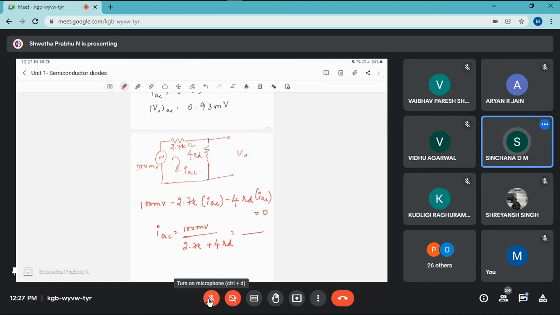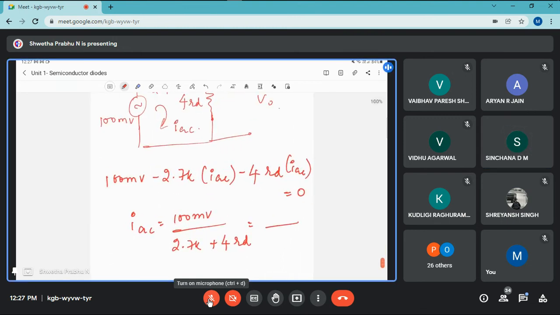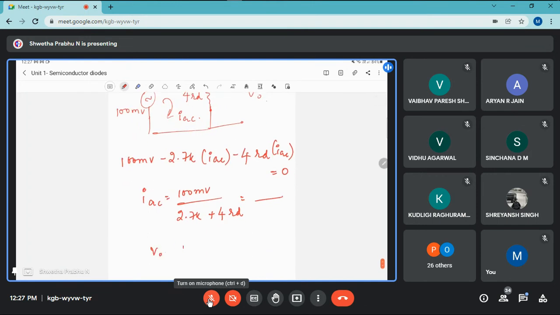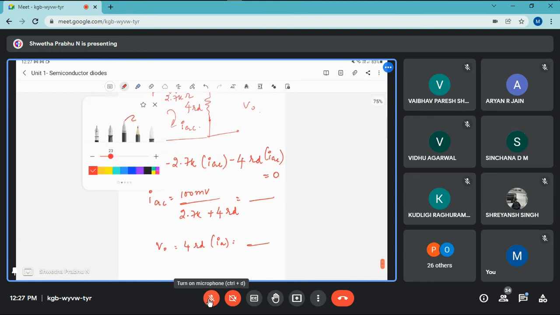Okay, ma'am. I got it. Thank you. Next step. In order to find the output voltage, it is 4 into RD multiplied by IAC. If you do, you will get the output voltage. Shall we proceed? Yes, ma'am.